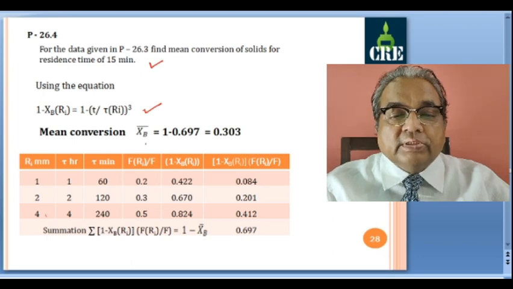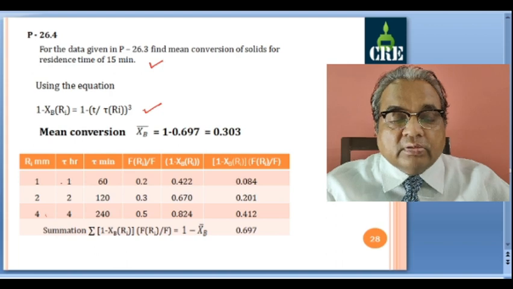With this equation, I calculate 1 minus XB of Ri for each size of particle. For the 1 mm particle, t remains 15 minutes and tau is 60, and I get 0.422.